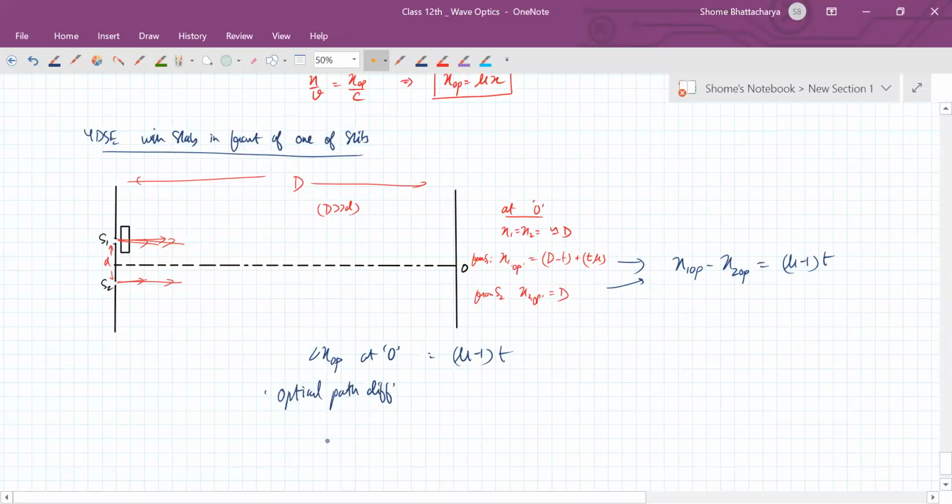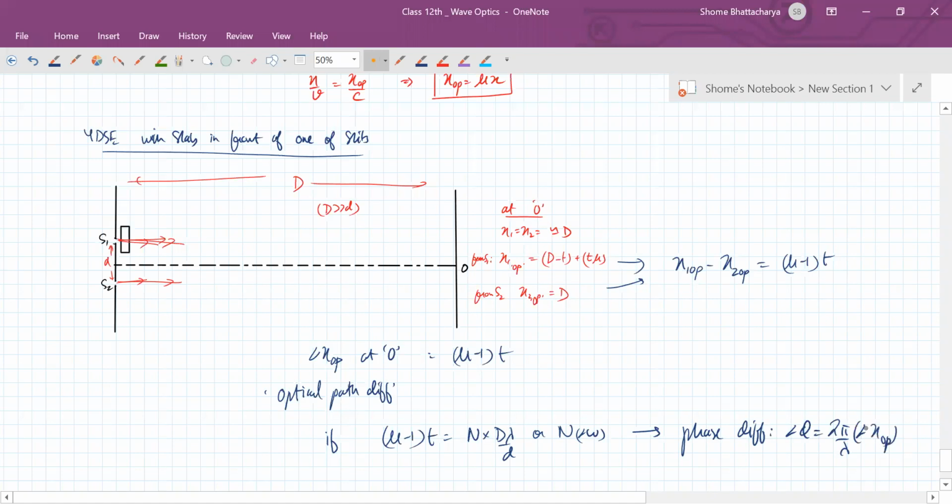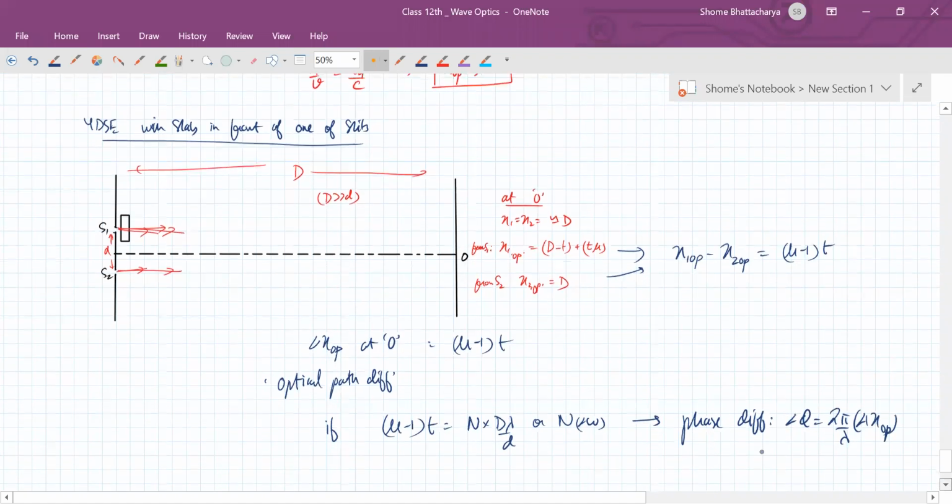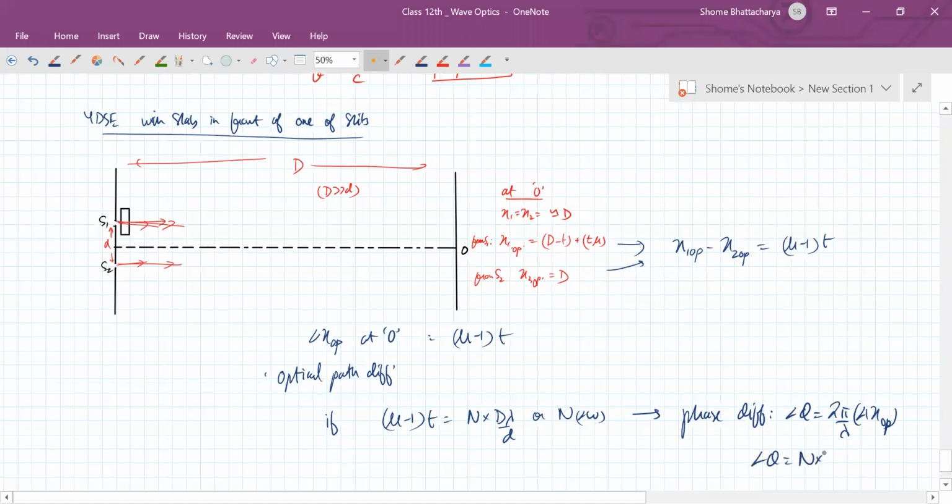Okay. So if this mu minus 1 into t is equal to some multiple of the fringe width, then phase difference delta phi, which will become 2 pi by lambda into optical path difference, will become n times 2 pi at O.